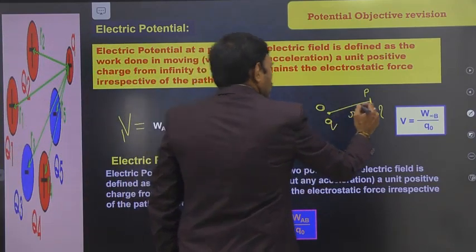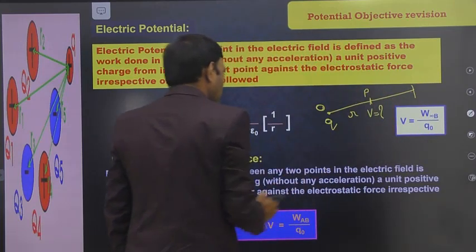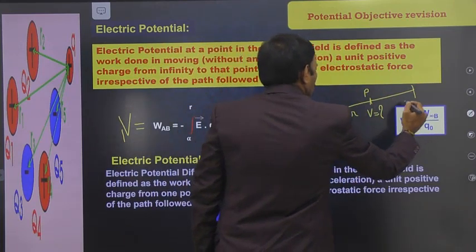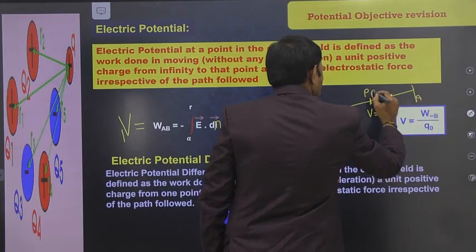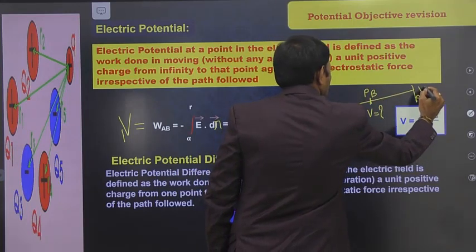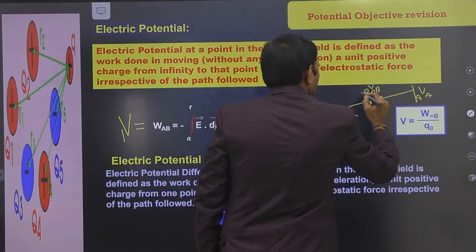Suppose the charge is brought from infinity to point P. Let us consider one point A here, and B another point. Potential at point A is VA and potential at point B is VB.